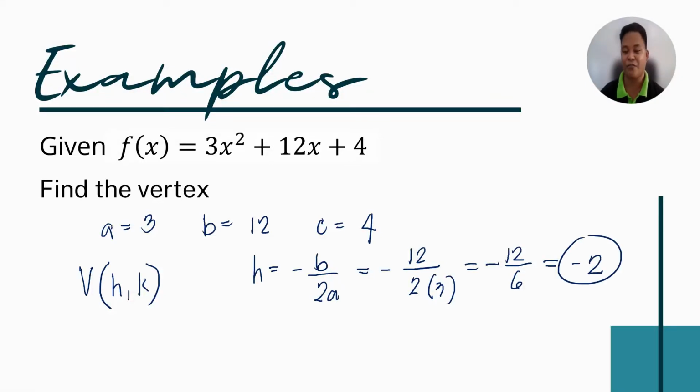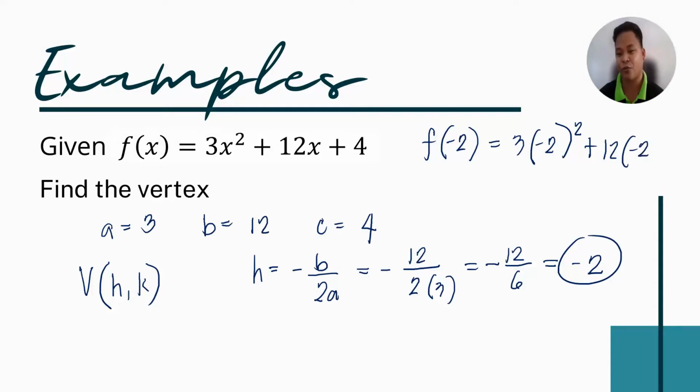To find the value of k, we're going to substitute negative 2 into the function f of x. So we have f of negative 2 is equal to 3 times negative 2 squared plus 12 times negative 2 plus 4. Then simplify. 3 times the quantity of negative 2 squared, is equal to positive 4. 12 times negative 2 is negative 24, plus 4.